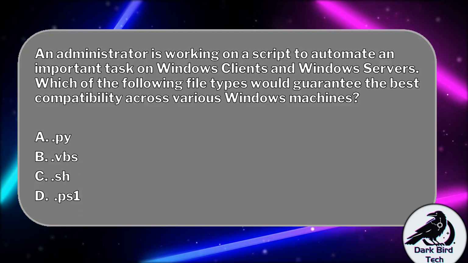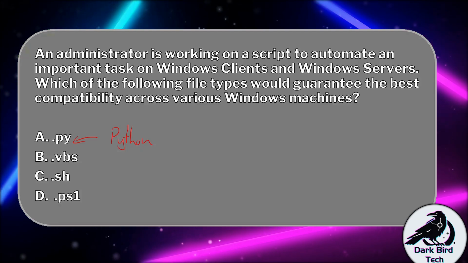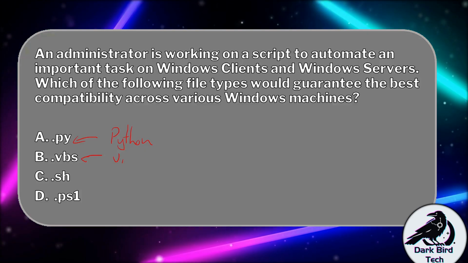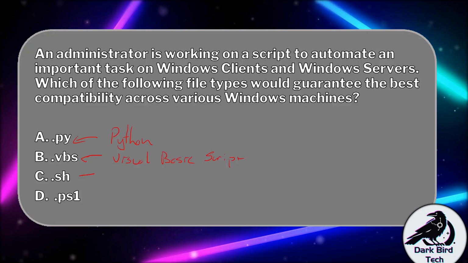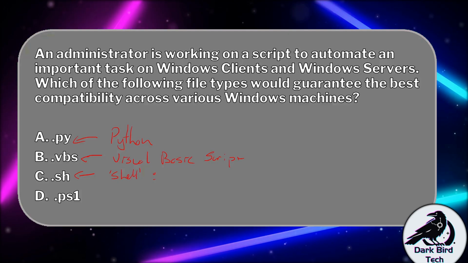So we've got .py, .vbs, .sh, and .ps1. So let's break it down. .py, that's the file name extension used for Python applications and Python scripts. VBS is Visual Basic Scripting. SH is shorthand for shell, which is usually associated with Linux.